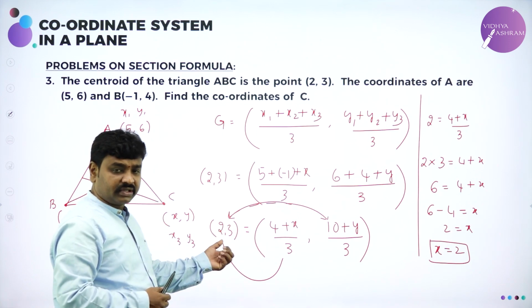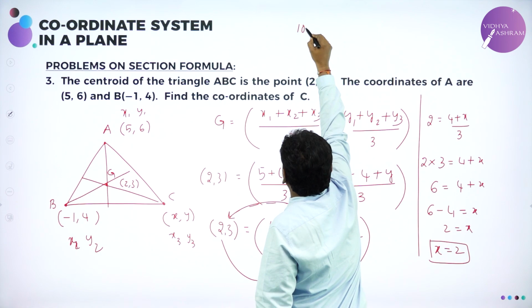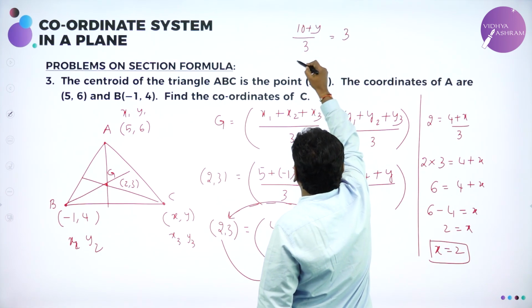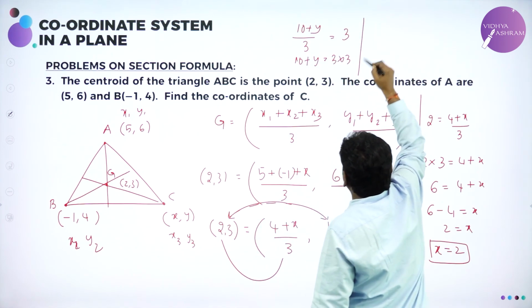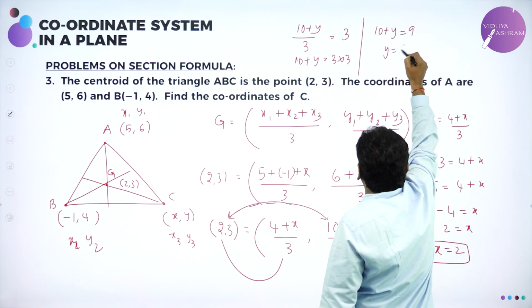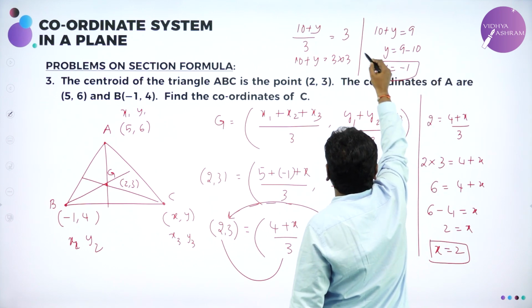What is the y coordinate here? 3. What is the y coordinate here? 10 plus y by 3. So 10 plus y by 3 is equal to 3. Cross multiply, or 10 plus y is equal to 3 into 3. Further 10 plus y is equal to 9. y is 9 minus 10. y is minus 1. So you got the value of y.